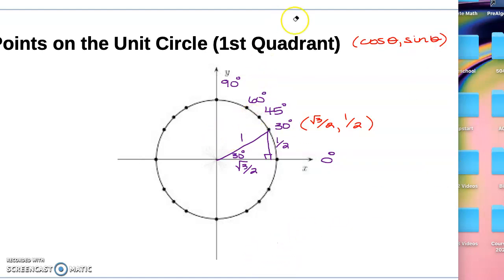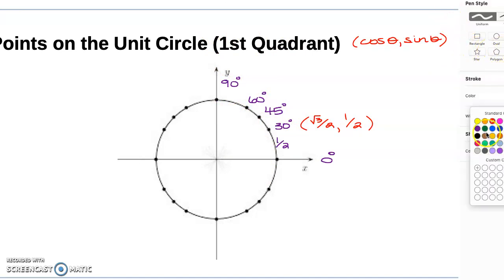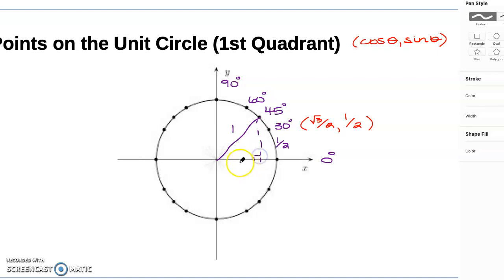If we think about a 45-degree angle, again, the radius length is not changing here, which means the hypotenuse is still going to have a length of 1. So if we draw in our right triangle, I just have to figure out what these two side lengths are. Well, we know that whatever the leg is multiplied by radical 2 is going to equal the hypotenuse.